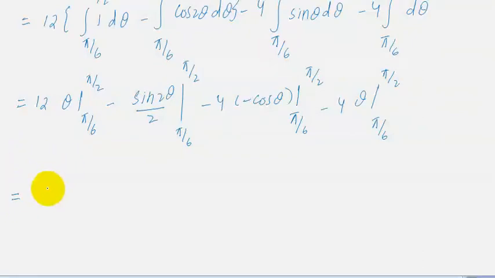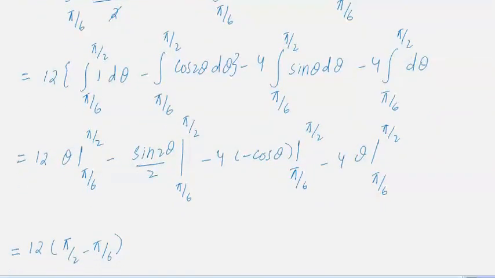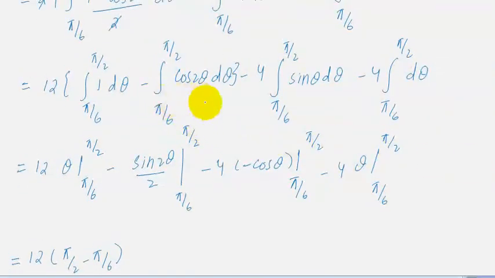Now this is equal to 12 times the variation of theta from pi by 6 to pi by 2. We can write it as pi by 2 minus pi by 6, where 12 is common from these two terms.